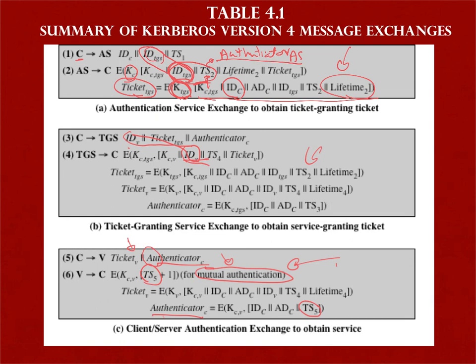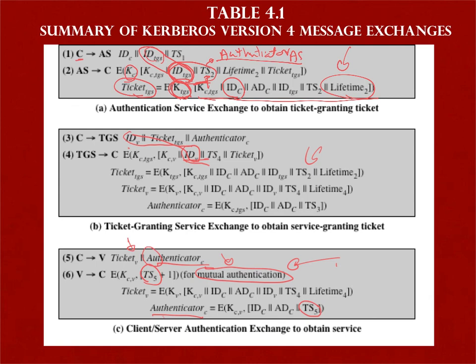Similar to your IDC, which is mapped to KC based on the hashing of the password, IDTGS can be mapped to KTGS. The authentication server knows it, the TGS knows it, but the client doesn't know it.